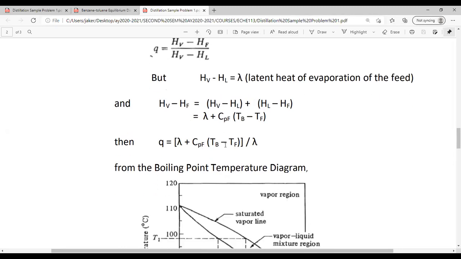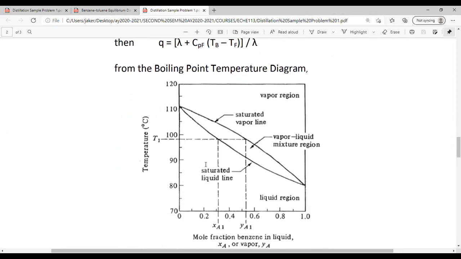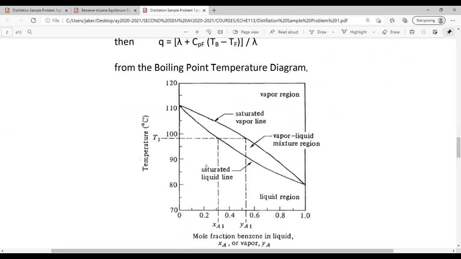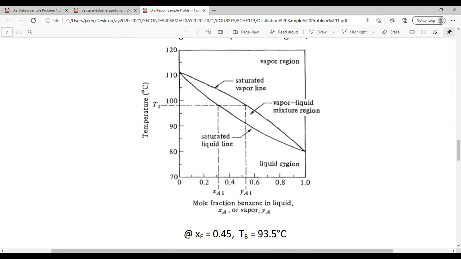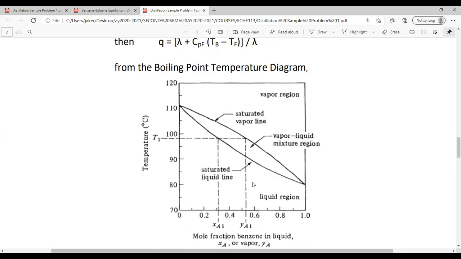So what will we use for that? You use the equilibrium boiling point diagram, which was provided to you as an example at the start of the phase equilibria topic. In the case of benzene and toluene, you will have this particular diagram for the boiling point of the liquid. So that would be this one.